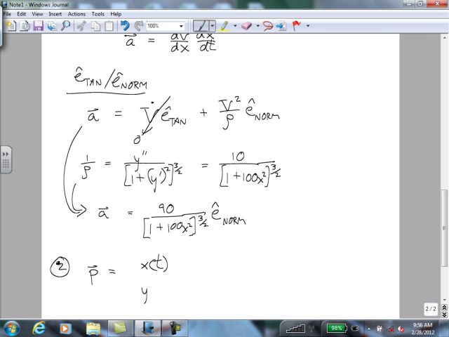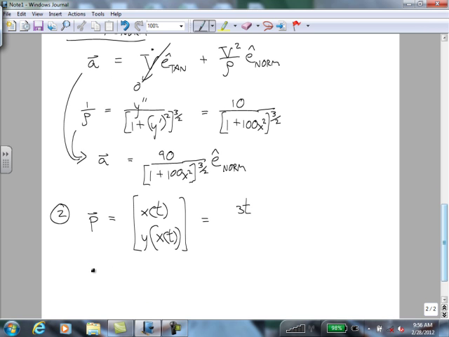So our position vector is x of t, and then y of x of t. So 3t, 45t squared. Then it's just taking time derivatives. That one's really easy. There's not even close to a benefit to thinking of that any other way. Okay.